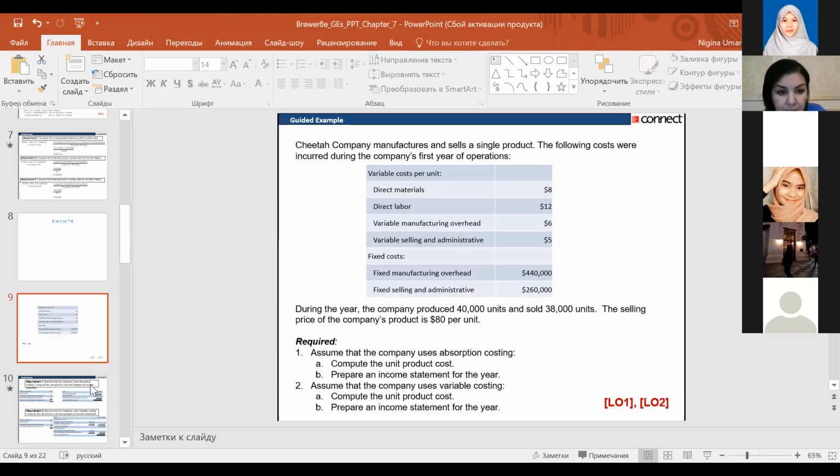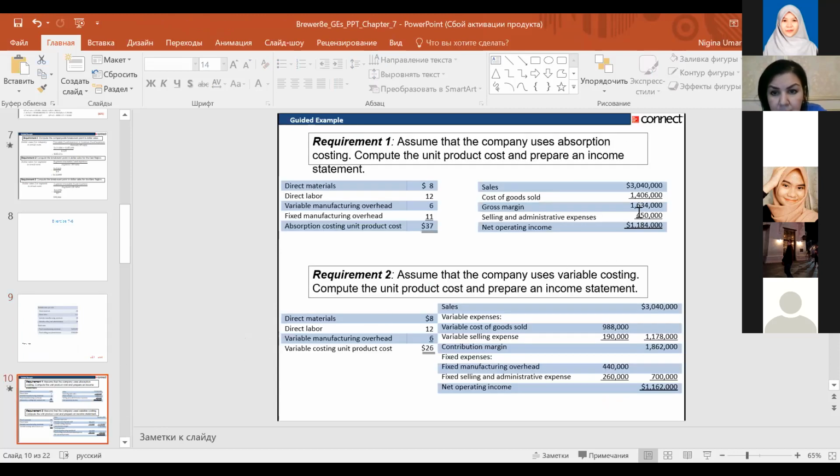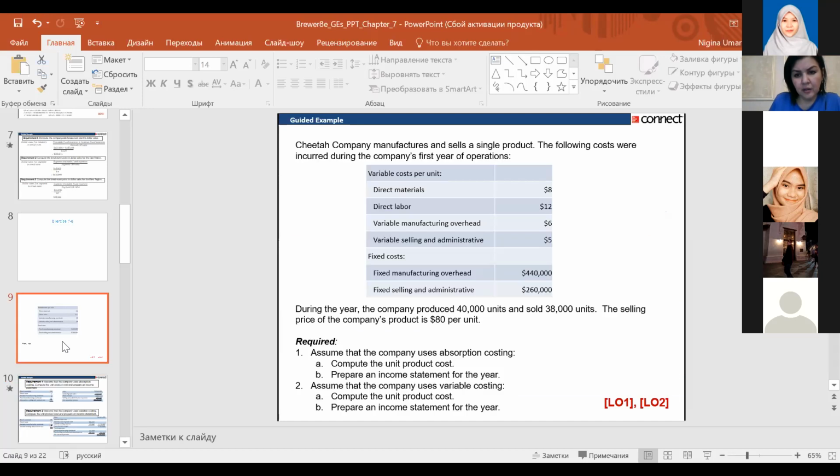Selling and administrative total. Fixed selling and administrative is 260, but here selling and administrative is 450. How do we arrive at this value? Fabrianti, what do you think? How do we know that it is 450?